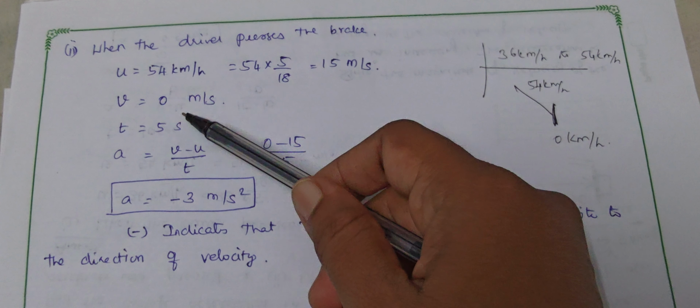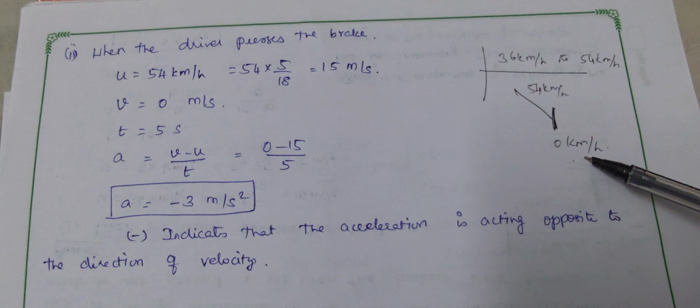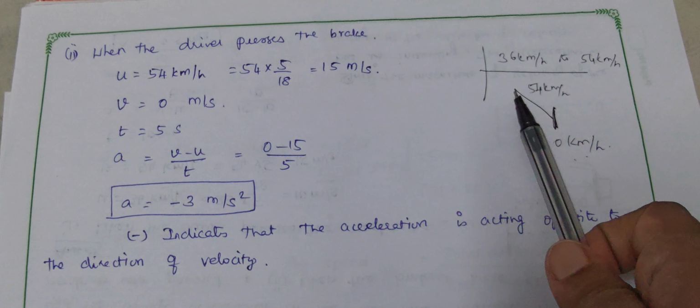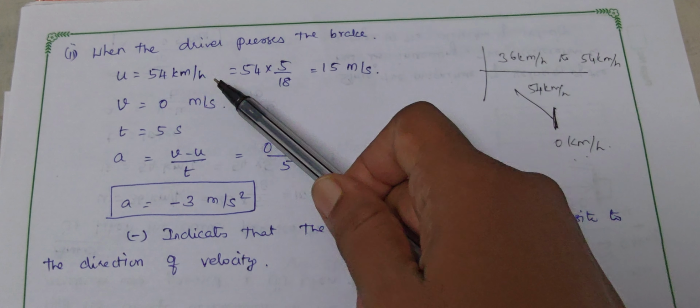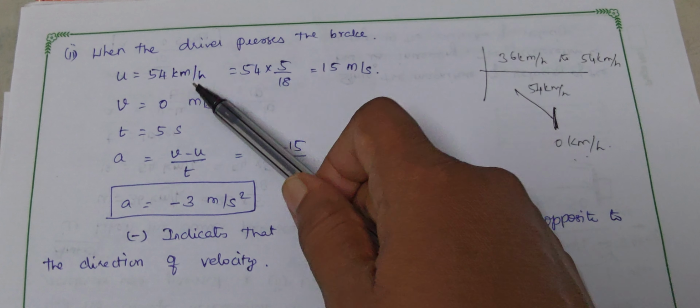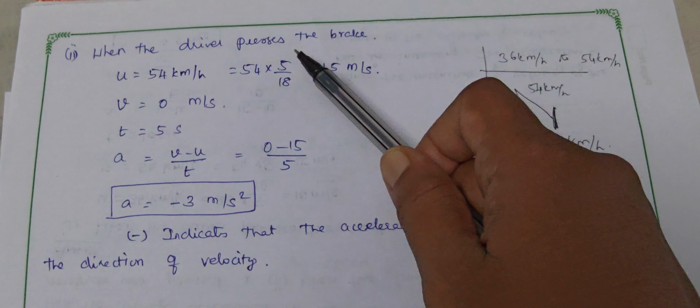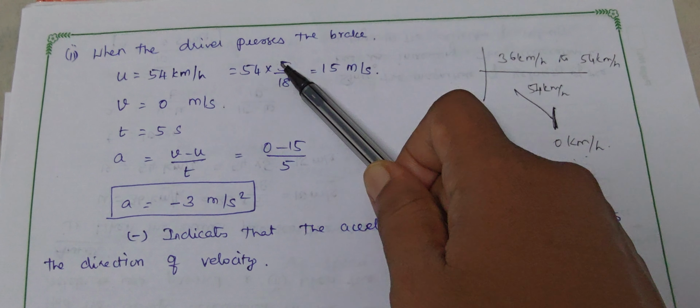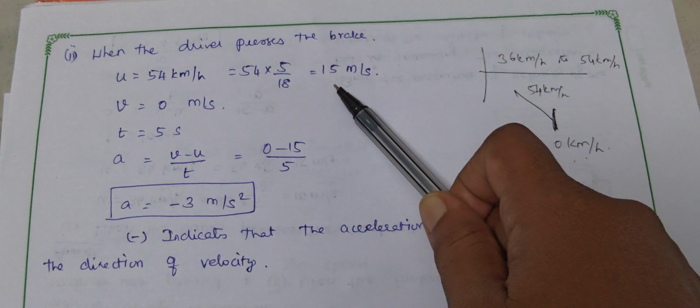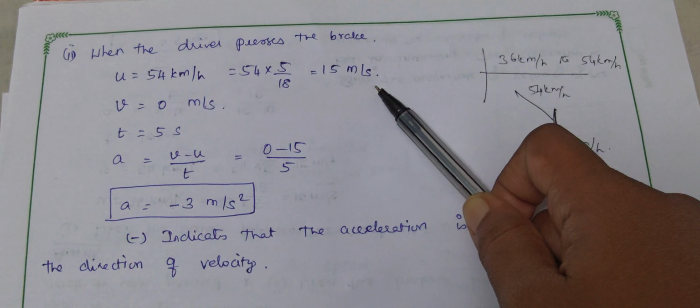So what is the final velocity then? 0 km per hour. What is the initial velocity? 54 km per hour. So again we have to convert kilometer per hour into meter per second. So multiply by 5 by 18. 54 into 5 by 18, which is nothing but 15 meter per second.